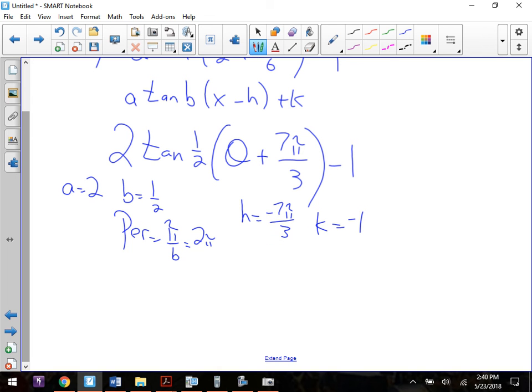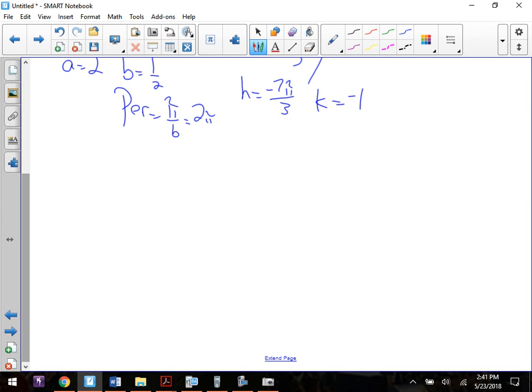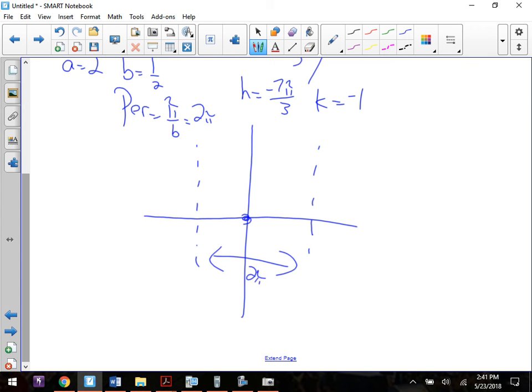Now, when you start a tangent graph, we always start at the origin, then we have to place asymptotes. If your tangent graph has a period of 2 pi, where will your initial asymptotes go? If this has to be 2 pi, what's this?